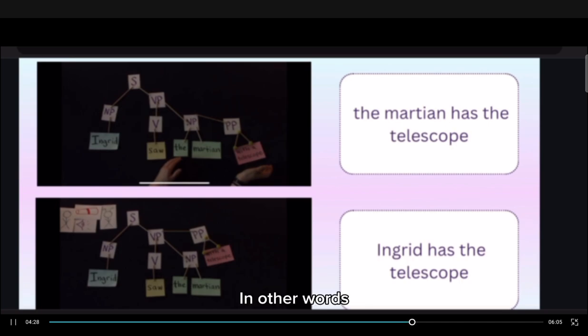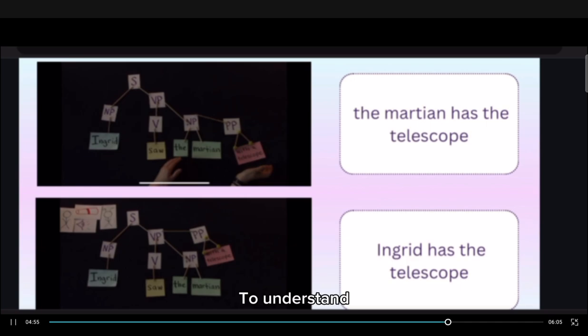In other words, which part the phrase "with a telescope" is modifying. Under one meaning, "with a telescope" is modifying the Martian. And under the other meaning, Ingrid has the telescope, and now the phrase "with a telescope" is modifying the verb saw.